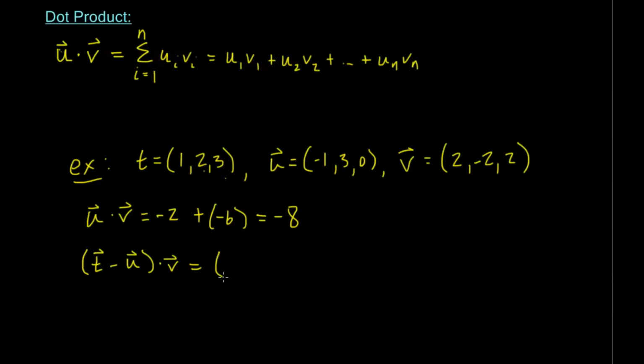So this is just going to be 1 minus -1 is 2, 2 minus 3 is -1, 3 minus 0 is 3, dotted with v, which is (2, -2, 2). And now we're doing our dot product, so our first product is 4, and then adding to that -1 times -2, which is 2, and adding to that 3 times 2, which is 6, gives us a grand total of 12.